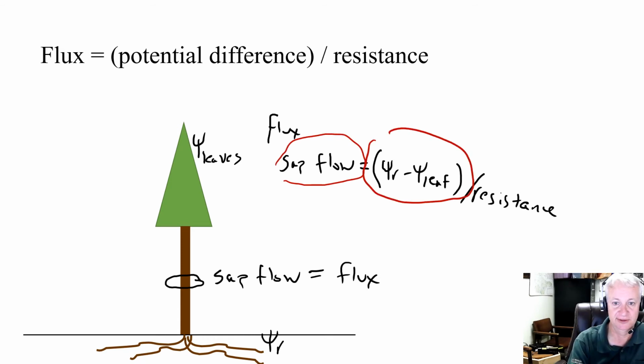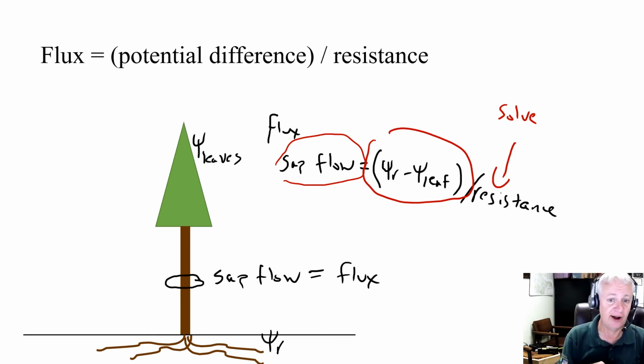We measured those. So we can solve for the resistance term, and that will give us an estimate of the total resistance of all the xylem between the root surface and the leaf. That's an interesting measure of the hydraulics of that system.